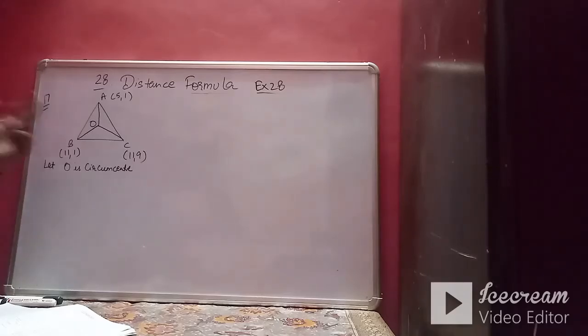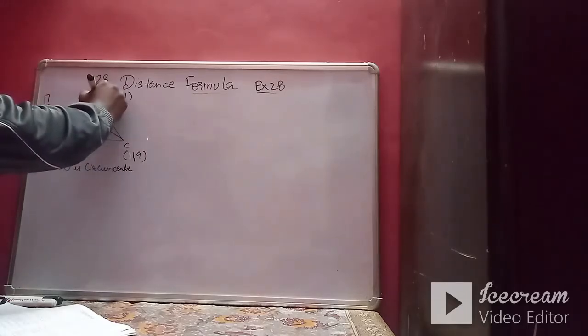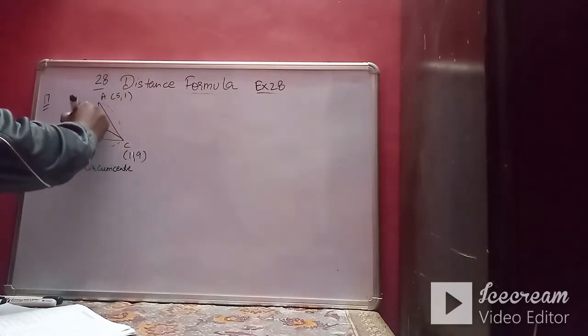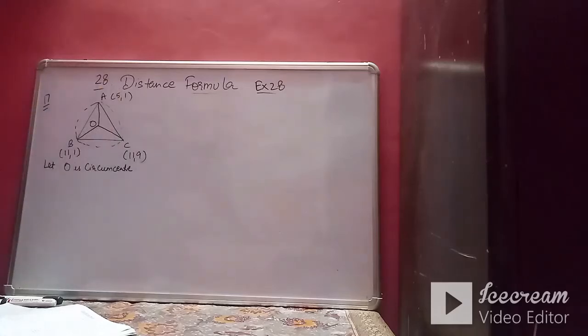Since it is the center of the circle which passes through all the vertices of the triangle, a circle will be made like this which will pass through all the vertices of the triangle. So this is the circumcenter.